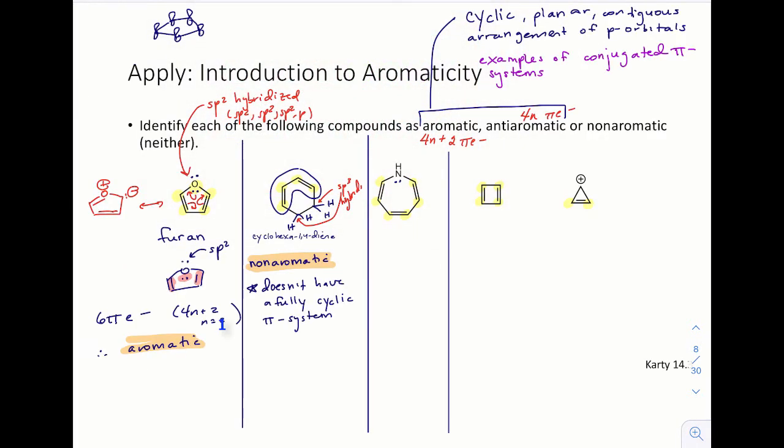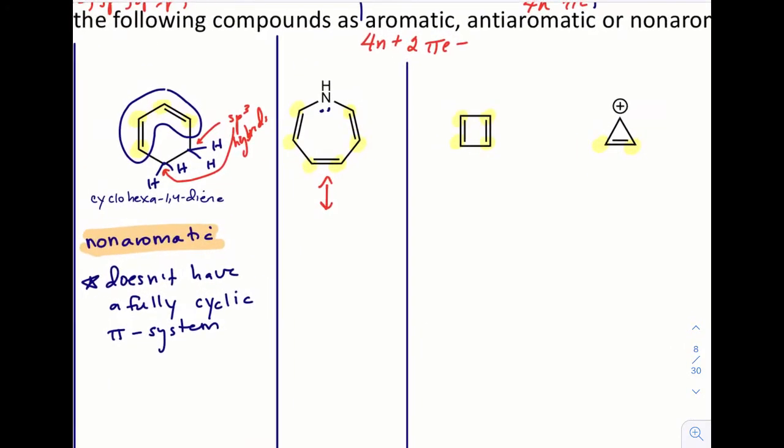In the next example, we again see a lone pair of electrons adjacent to pi bonds. That suggests to us that this molecule could be represented by resonance structures.